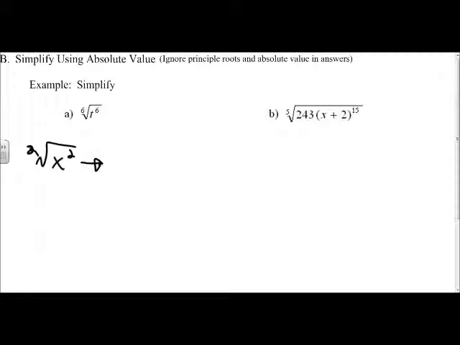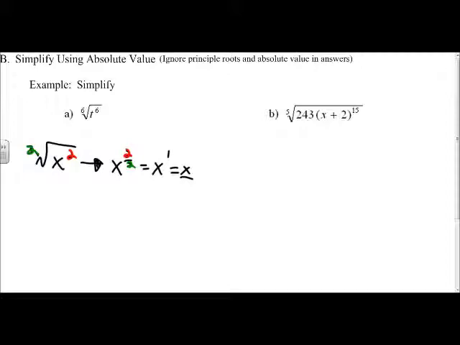That would be the same as x to the 2 over 2. This 2 here is basically the one we have on top. This one becomes our bottom one. So in this case, 2 over 2 would be 1. So we'd be left with x to the 1 or just x. So the square root of x squared is just x.